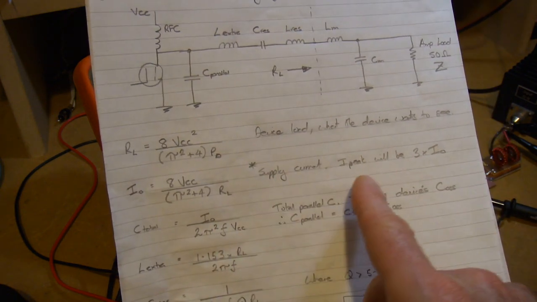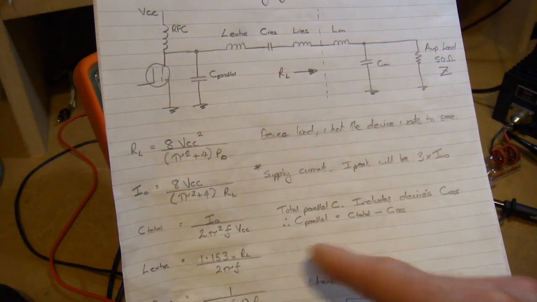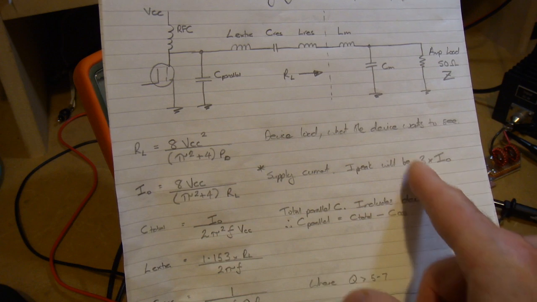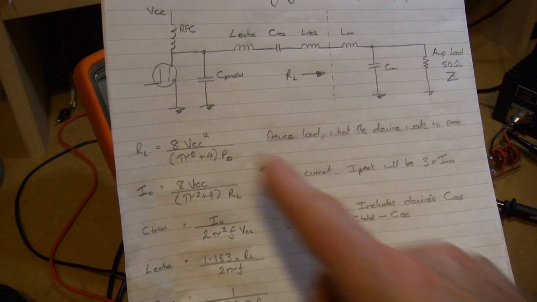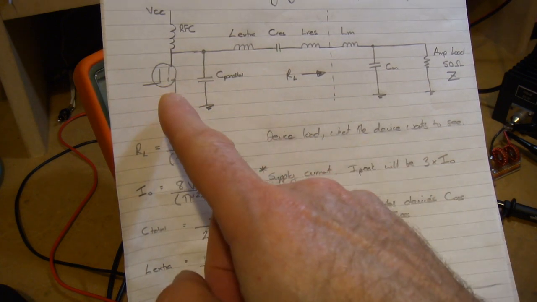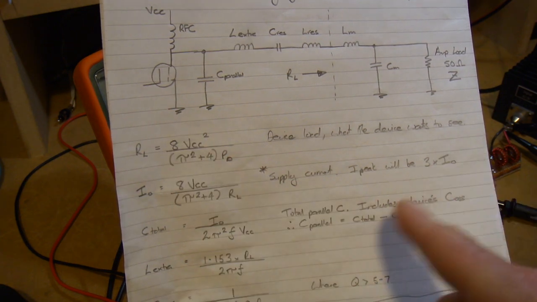Now, a note here that the peak current that will be passing through here will be 3 times our average. So that's a value you'll need to keep an eye on later on down track, once that's derived, when you select that particular device. So I'm going to be playing around with an IRF510, so I know that I've got 5 amps to play with.